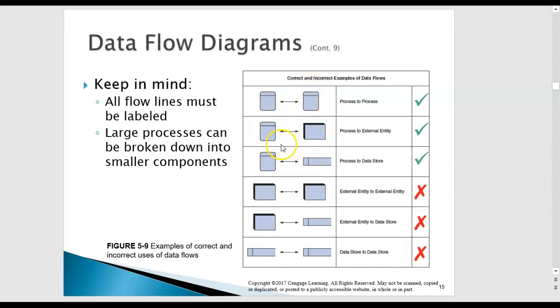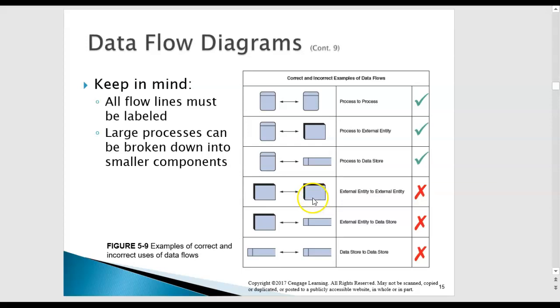It is also okay for the process to be connected directly to an external entity. After the process, the information is either delivered to the entity, or the entity is the one that provides the data that goes into that process. And after a process, it can also go into a data store, or the process can collect data from the data store. What you cannot do is have an external entity connected to another external entity.